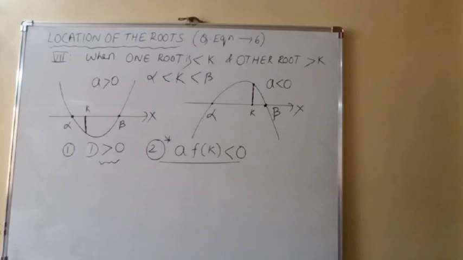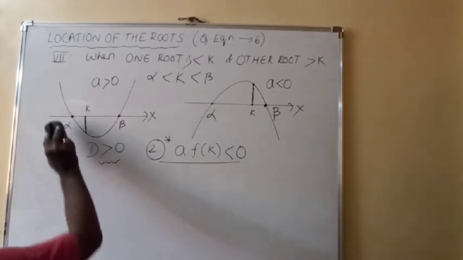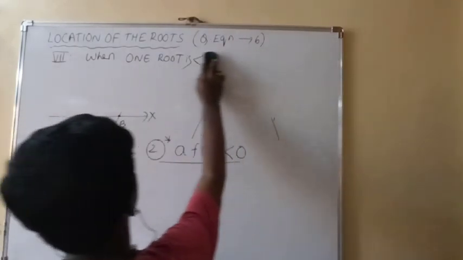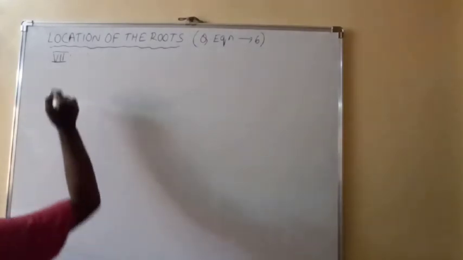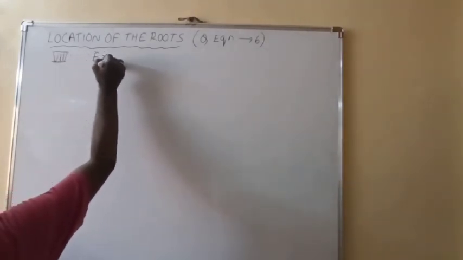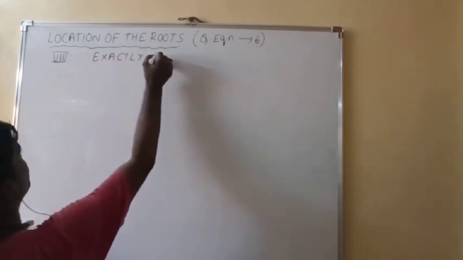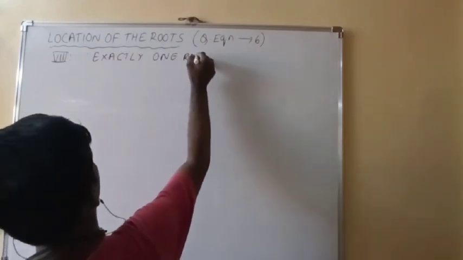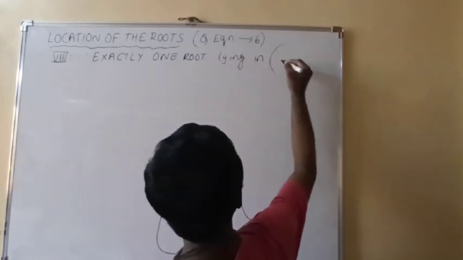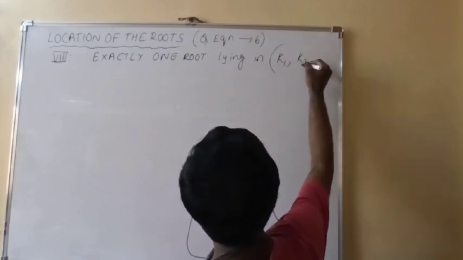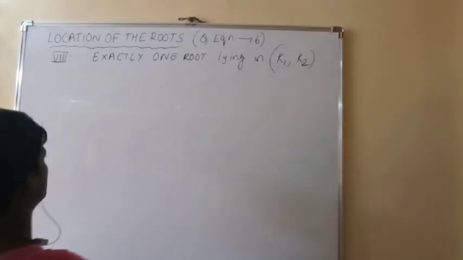Next, eighth case, exactly one root lying in the open interval k1 comma k2, where k1 and k2 are some real numbers.